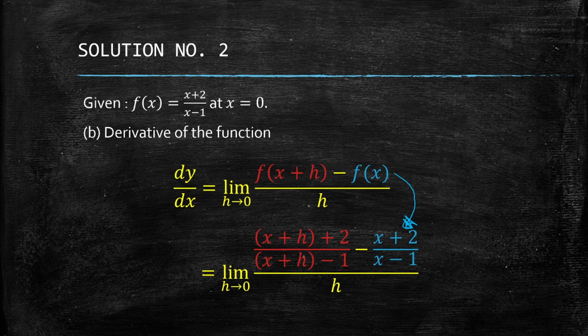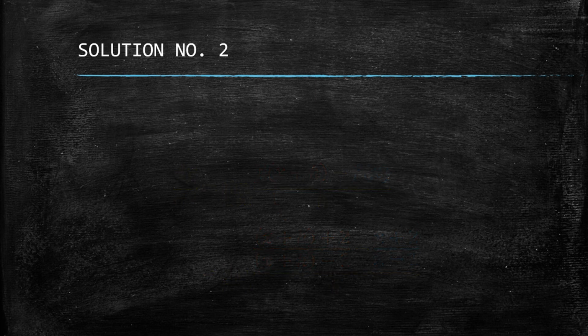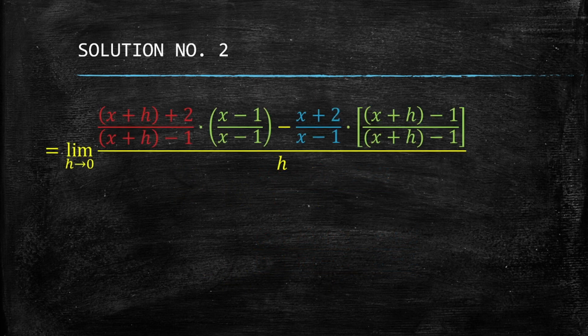So instead of x, we have now x plus h plus 2 all over x plus h minus 1. Okay, so here we'll do some algebra magic. So we will find the LCD. The LCD is x plus h minus 1 times the quantity of x minus 1.